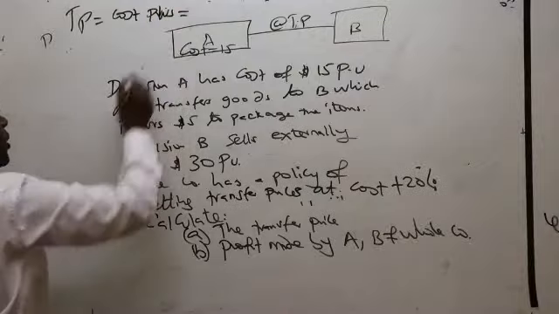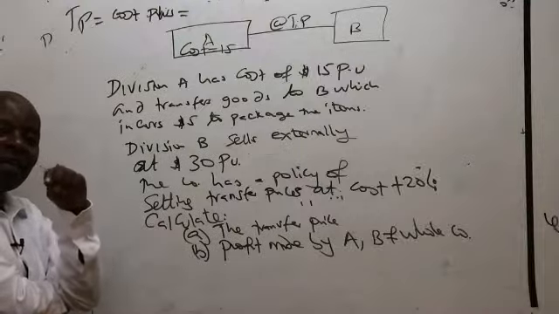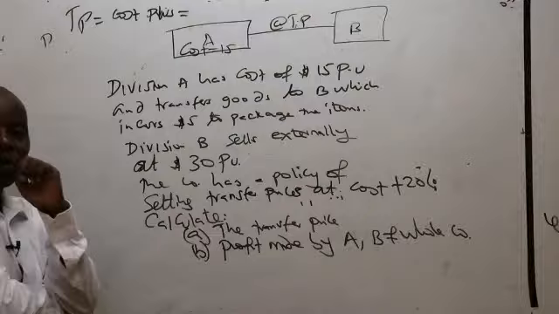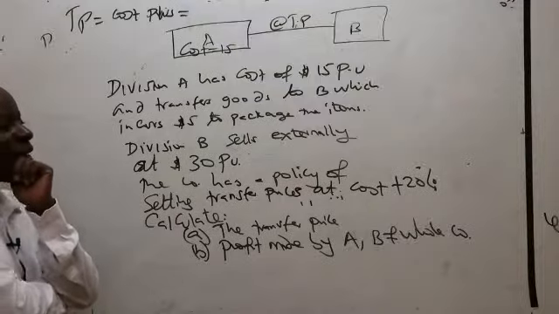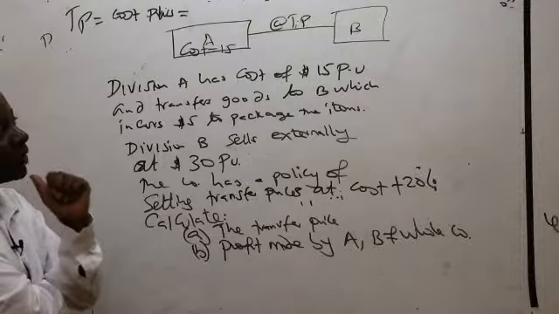Where very many students confuse: which cost should we use as the base? It is the cost of the division which manufactures. The cost of the manufacturing company.